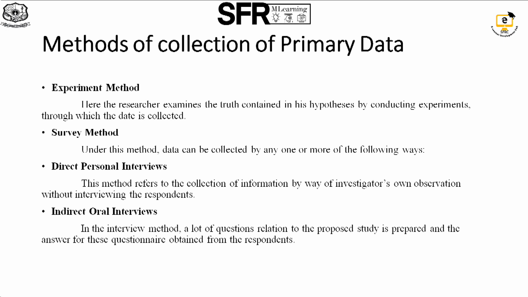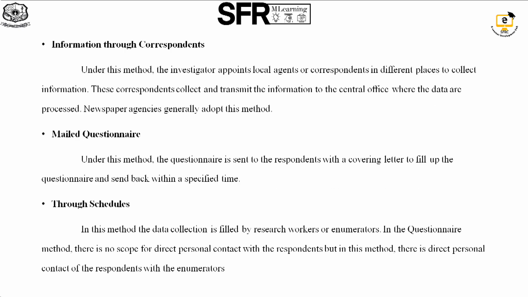This is not one-to-one; the questions about that person are asked of other persons, nearby persons or relatives. In direct personal interview, which person we want the details from, we go and ask that person only. Indirect oral interview means we can collect information from others.